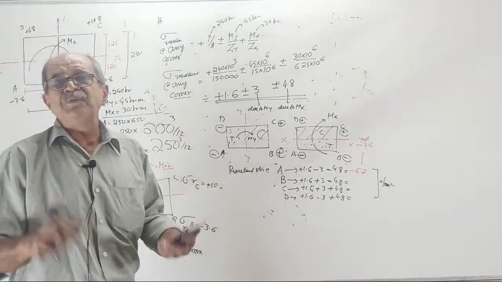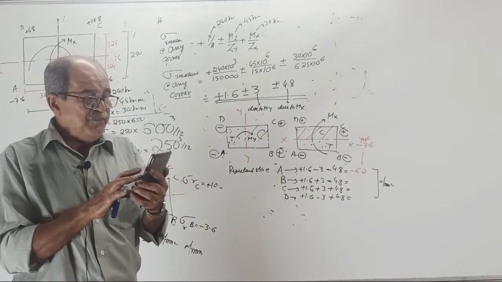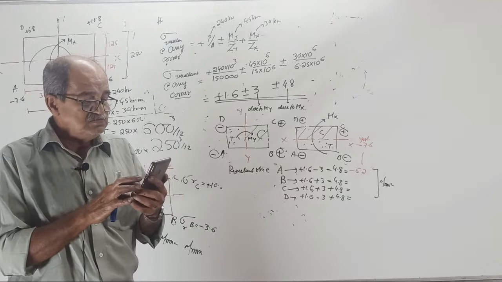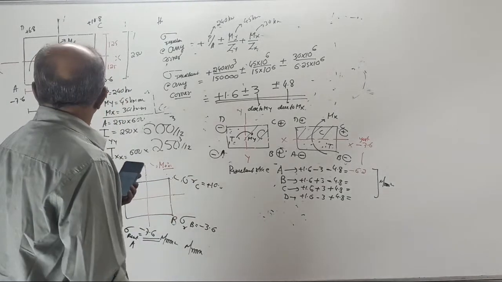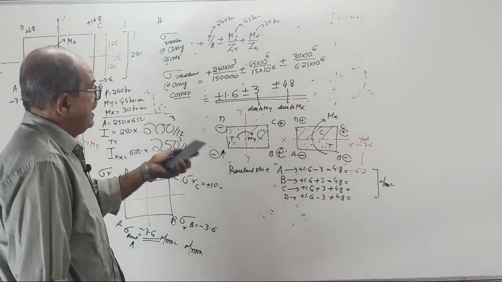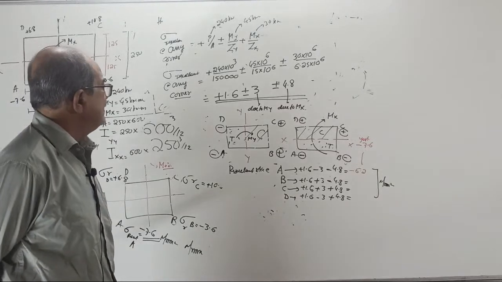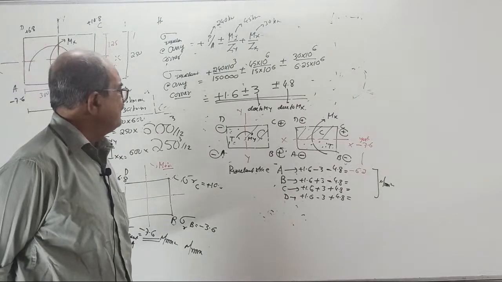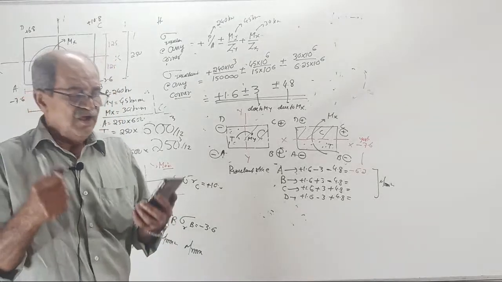Maybe some number is wrong. You are not observing, you are silently looking at the board. And you know how many people are there? Very few. Nobody wants to come live. Yesterday you told minus 7.6, minus 3.6, plus 10.8, plus 6.8. How did it come to minus 6.2 today? If yesterday is minus 7.6 and today is minus 6.2, I will not continue one millimeter further.